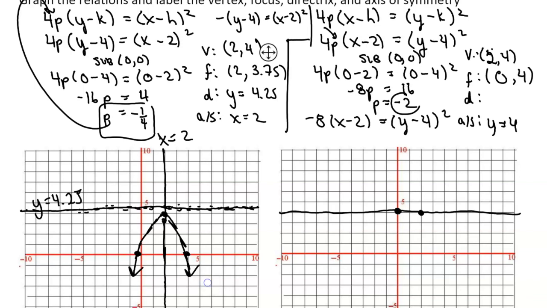And so if this is a line right here, this would be x equals 4. And that would be our equation for our directrix. And then we know we pass through the point (0, 0). And if you mirror that, you would have a point (0, 8). And that's enough information to be able to graph this sideways parabola.